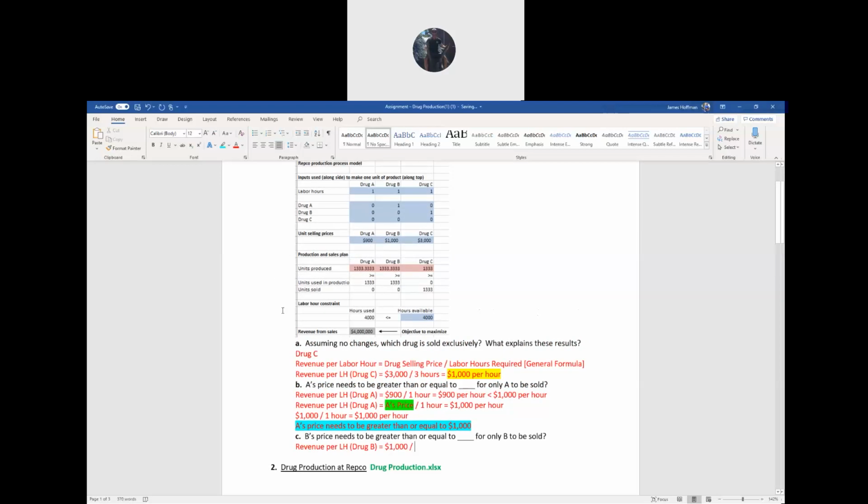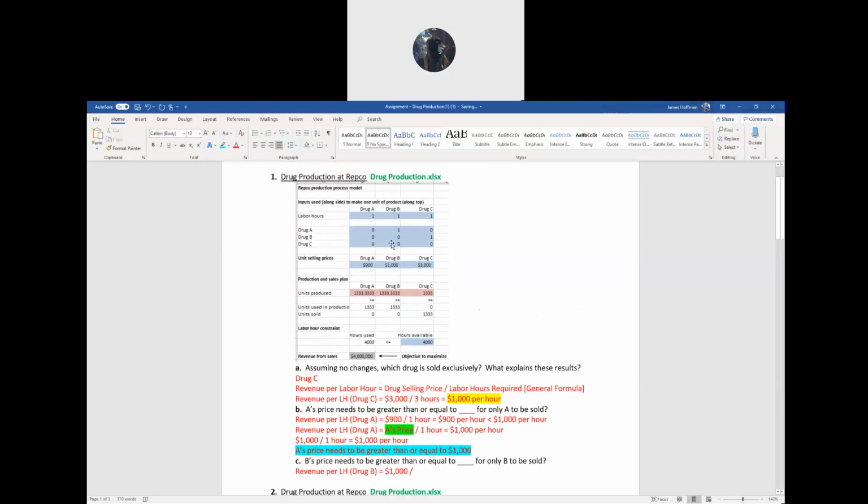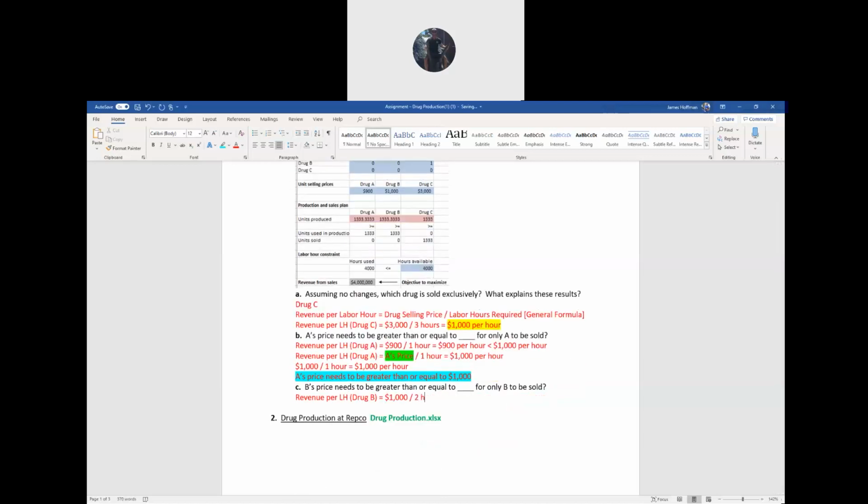And how many hours does it take to make drug B? Drugs B and C need some of the ingredients of the prior drug because they're a little more complicated. So you have to factor in the labor hours to make that input. Drug A is an input to drug B. It takes 1 hour to make a drug A, and then 1 additional hour to convert it into drug B. So it's 1 plus 1, which is 2. Right now, without any changes, drug B is only giving us $500 per hour.